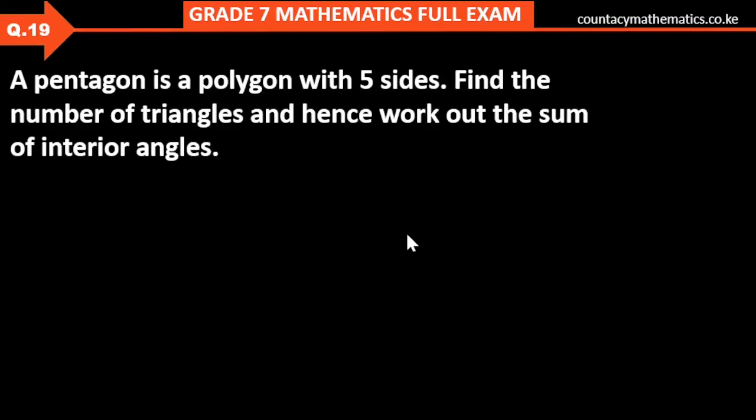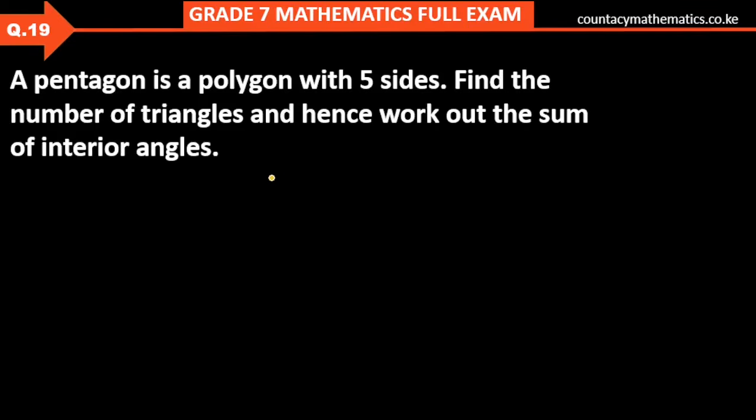If you wish, you can try to think through it and figure it out on your own, whether you can work out the number of triangles that you can get from a pentagon, and also the sum of the interior angles. But then let's work it out together.